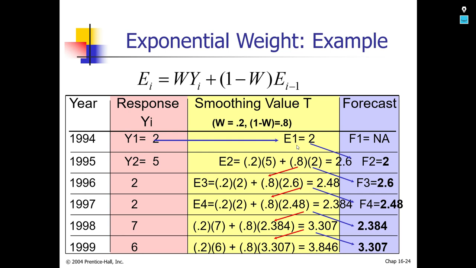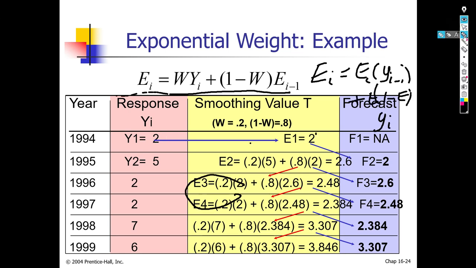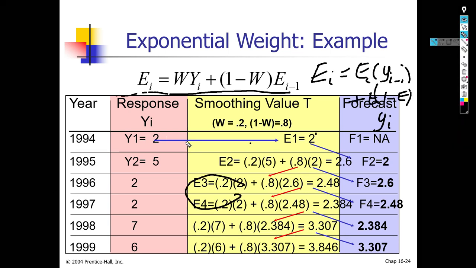We take the value of 2 here. And then for F1, we do not have F1 here. F1 is not applicable. F1 refers to the previous one, and we do not have data for a previous one.